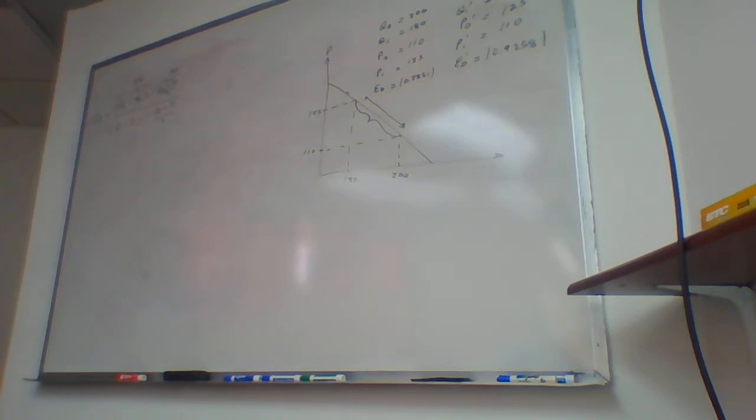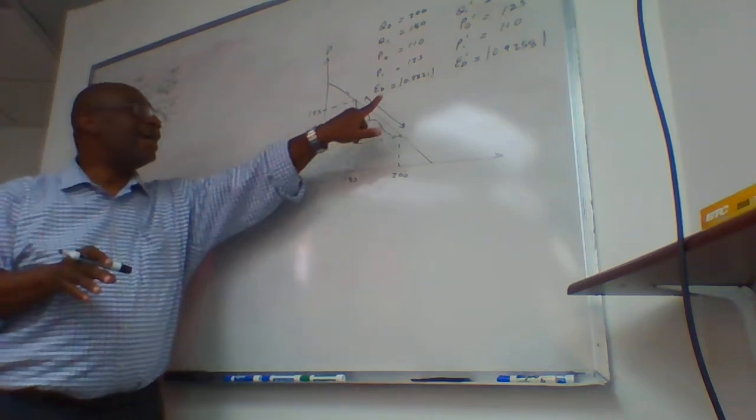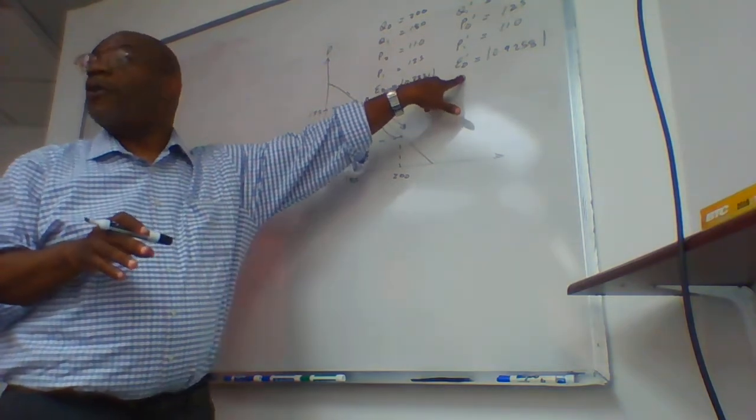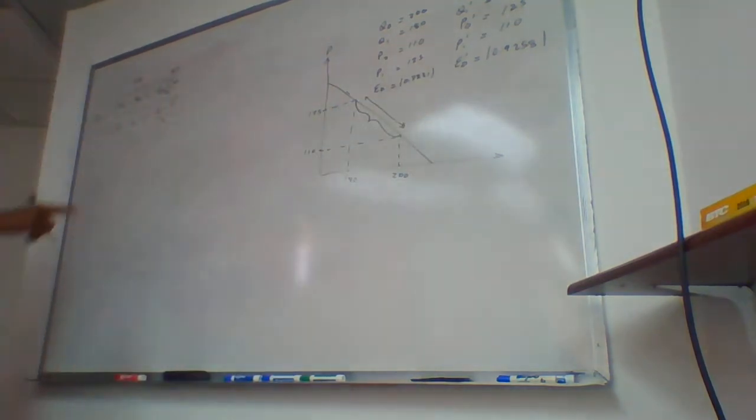Okay, now let's see if all of that works out the way we expect it to. If we're correct, then we're going to get the same elasticity up or down. All right, so let's see if we can do ED0, which is our original elasticity, using our original numbers.